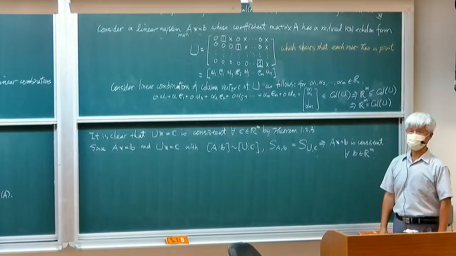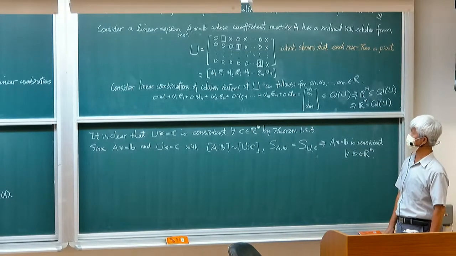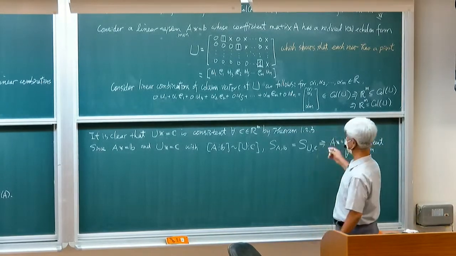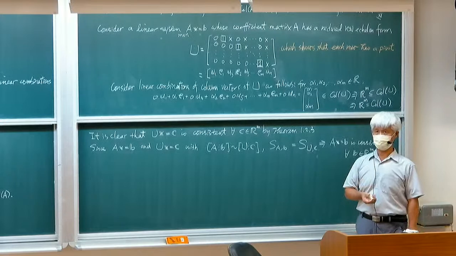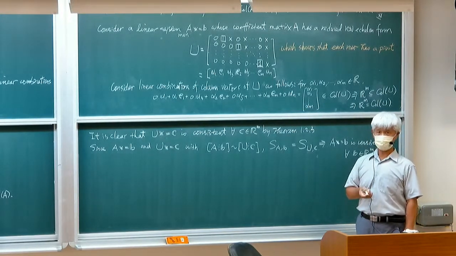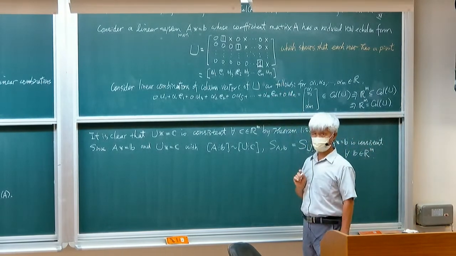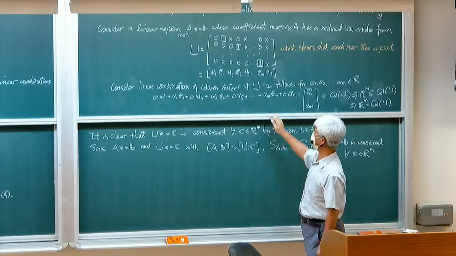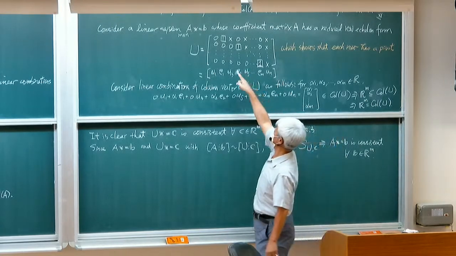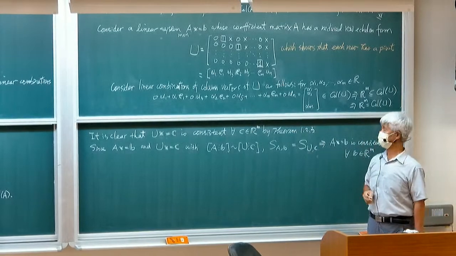Okay. So we see the power of elementary row operations: the procedure of Gauss-Jordan elimination gives us a reduced row echelon form of A. And so we can check whether each row of the reduced row echelon form has a pivot or not.